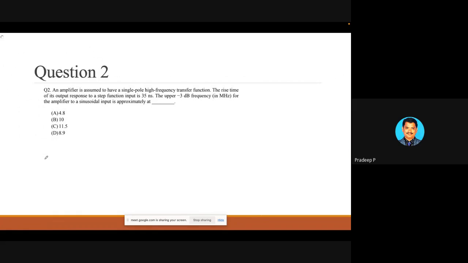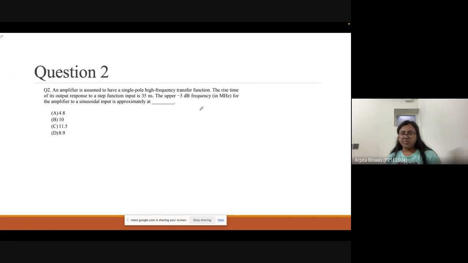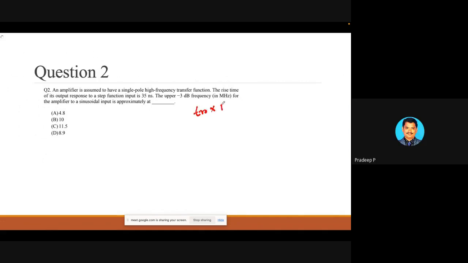Madam, rise time is equal to resonant frequency by bandwidth. You are asking for the bandwidth, but I didn't find the resonant frequency value. Have you any idea about this equation? Yes, madam. Rise time is equal to FR by bandwidth. That I know.